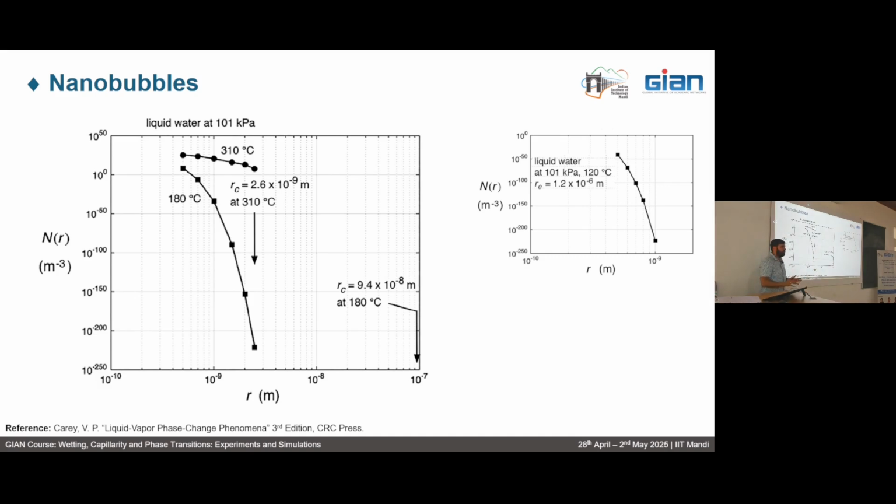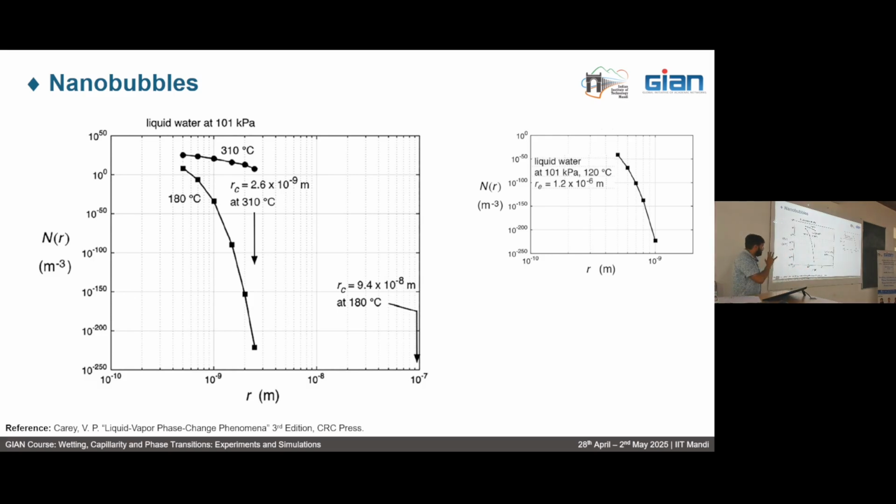We can't see homogeneous nucleation because for homogeneous nucleation to occur, if we solve this equation further, we should get somewhere here, and here the number density is very low. Almost if we have 10 raised to power 250 meter cube of water, we can see one homogeneous nucleation. So mostly that's why we see heterogeneous nucleation.